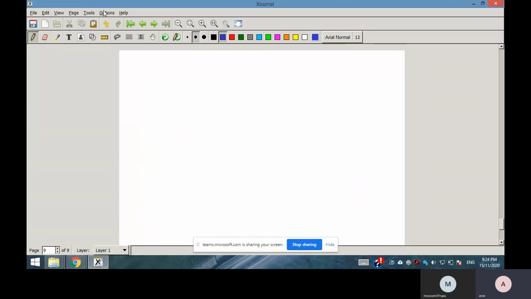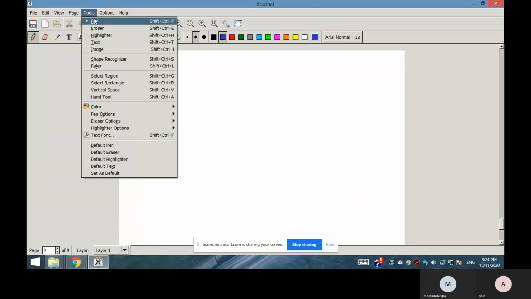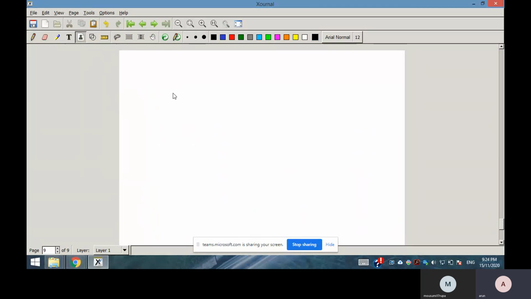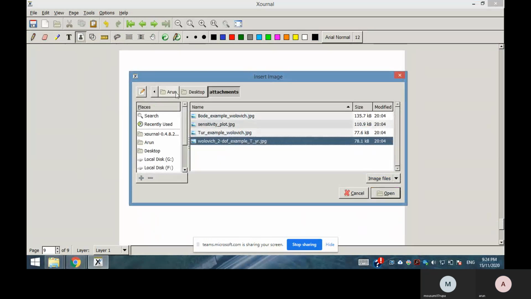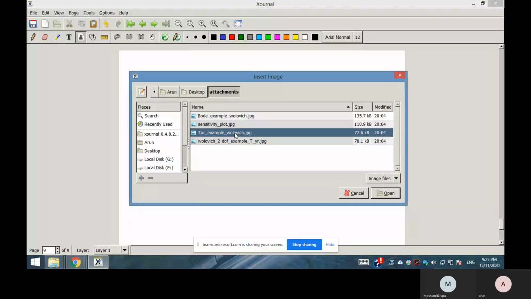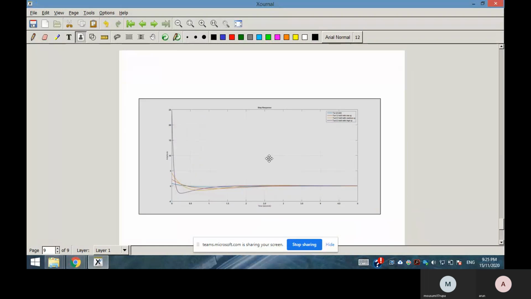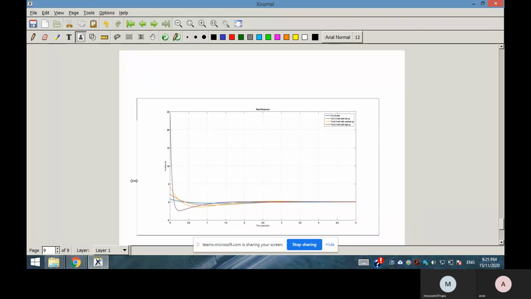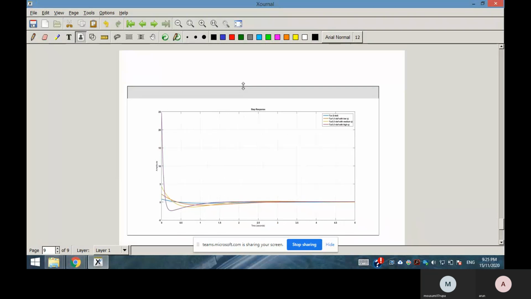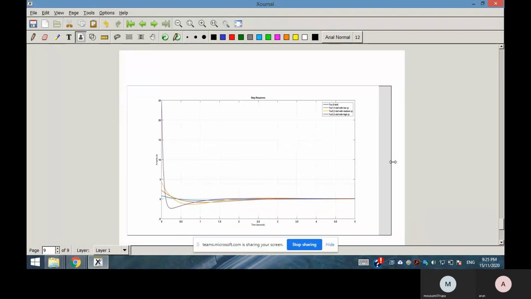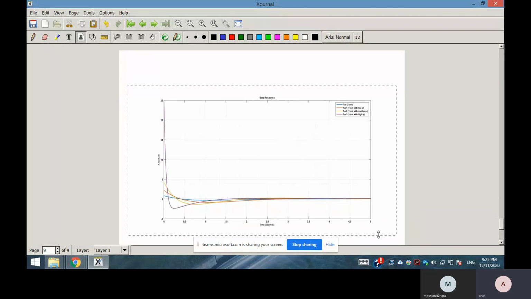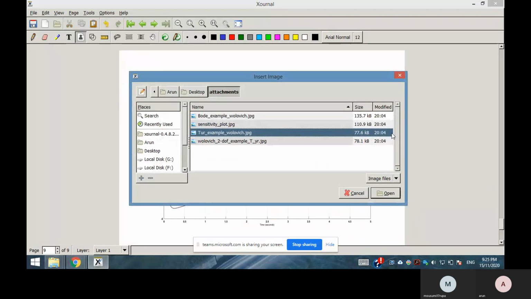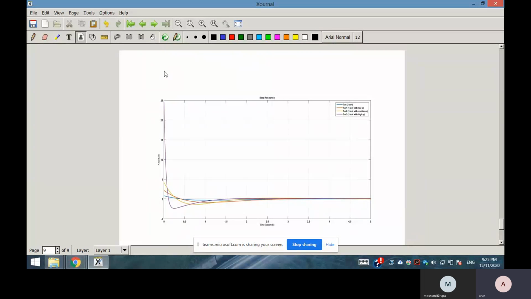Control effort characteristics we will see. So this is my control effort characteristics.